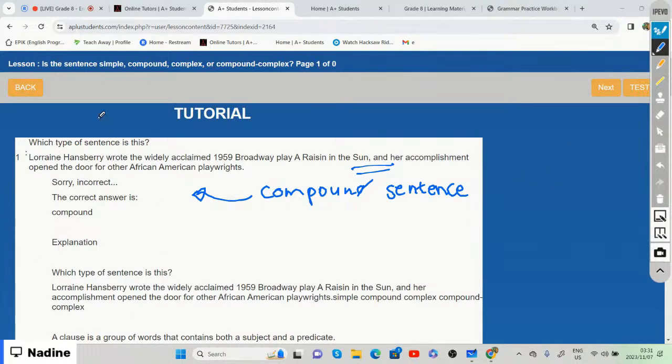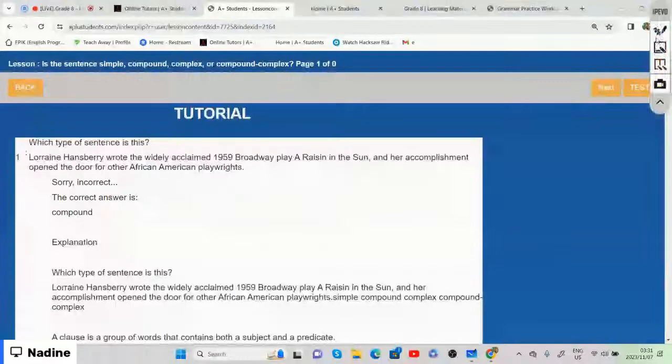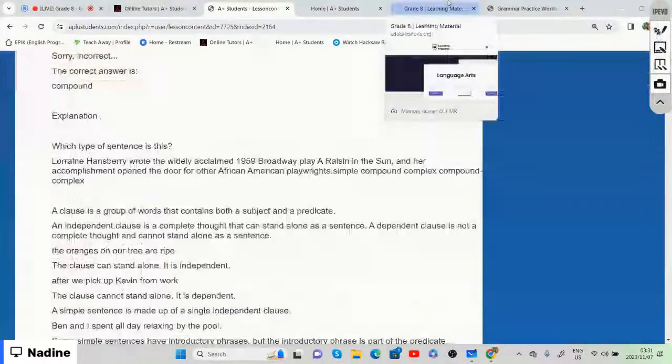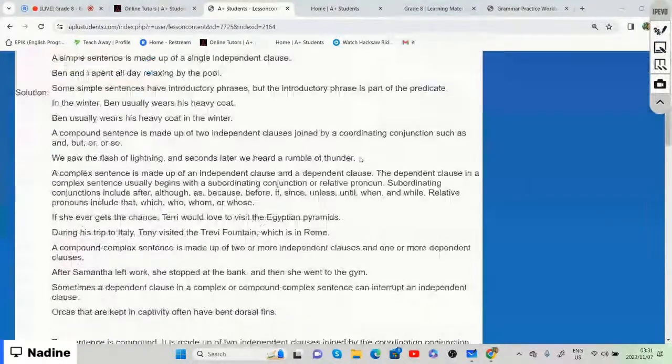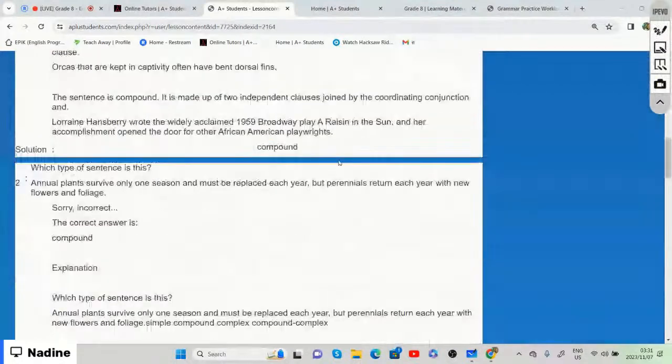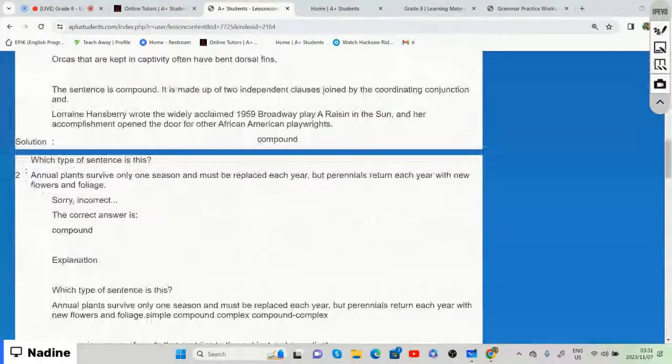So this sentence over here is a compound sentence.